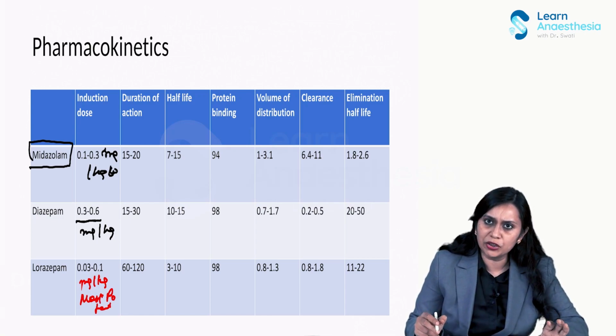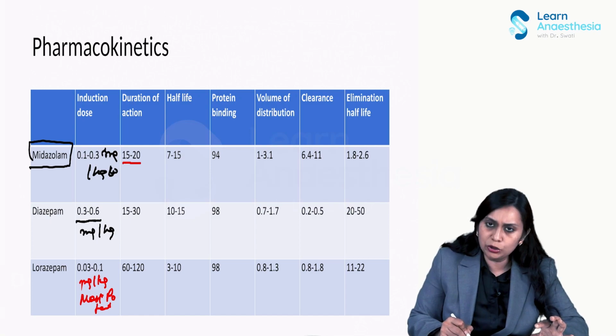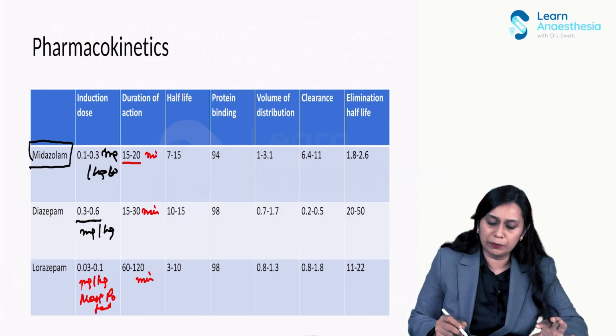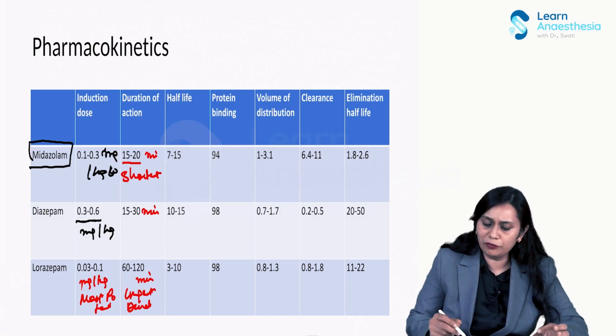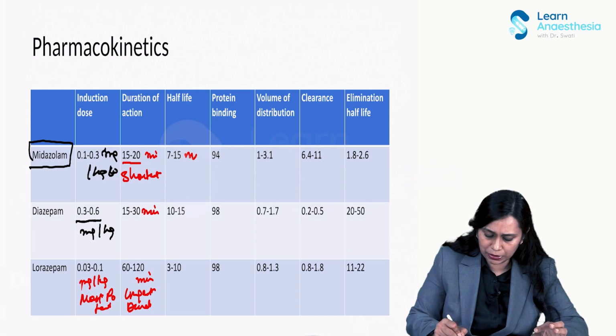Then duration of action. Midazolam 15 to 20 minutes, right? Diazepam 15 to 30 minutes. Lorazepam 60 to 120 minutes. So midazolam has the shortest duration, and lorazepam has the longest duration. Half-life of midazolam is 7 to 15 minutes, diazepam 10 to 15 minutes, and lorazepam, let's say 3 to 10 hours.